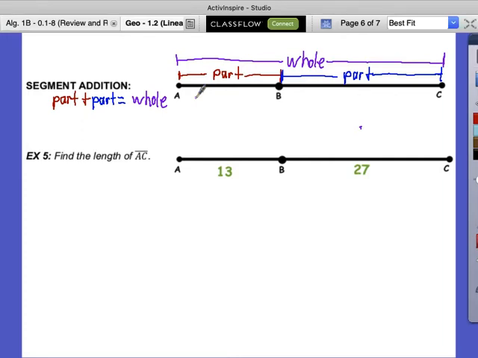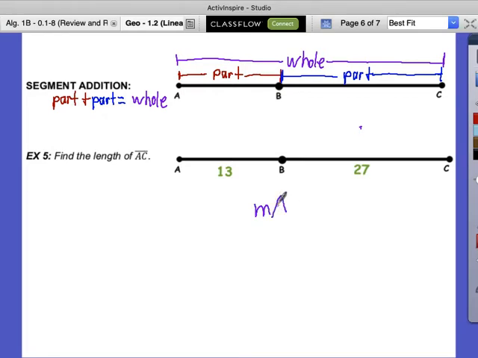How did you get that, Schroeder? Because I have them. You add them. 2 parts can make a whole together there, okay? So, can we find the length of segment AC then? Right here, if we know the length of segment AB to be 13, length of segment BC to be 27, raise your hand if you can tell me what the measure of segment AC would be. Ray, what are you thinking? 40.